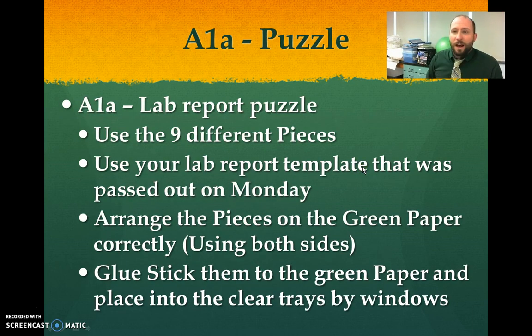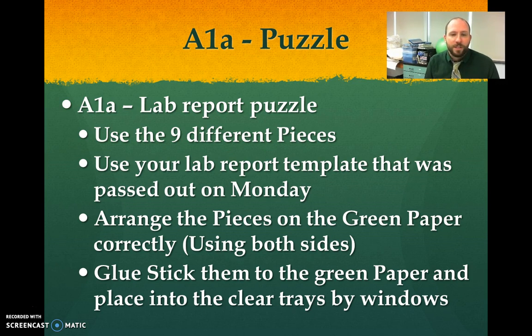After you finish the concept layer check-in, I would ask that you grab the 9 puzzle pieces. They look like small strips of paper. Grab the 9 puzzle pieces and the green piece of paper as well. Your goal here is to take these puzzle pieces and figure out the order of the puzzle based upon the lab report template that you all got on Monday.